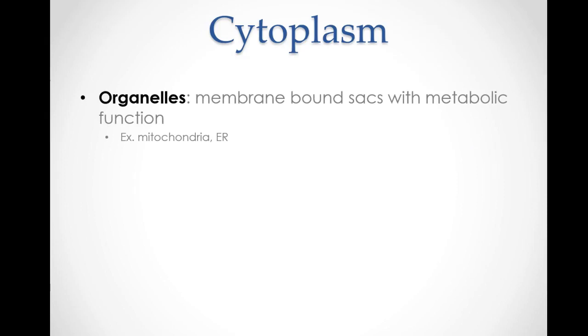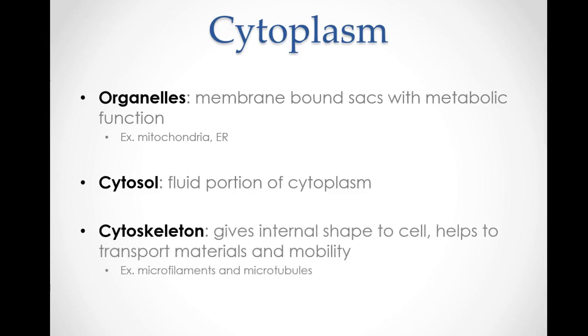Okay, that's all of the other stuff. So between the plasma membrane and the nucleus, we refer to all of the other contents of the cell as the cytoplasm. The cytoplasm contains organelles, which are all these little membrane-bound sacs that we're going to talk about, and also the actual fluid that everything's kind of floating in. So the cytosol is what we refer to that as.